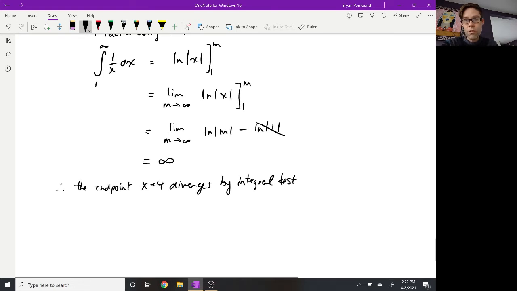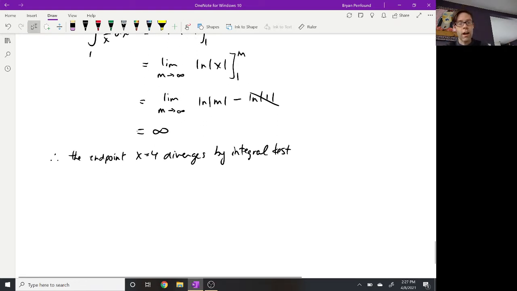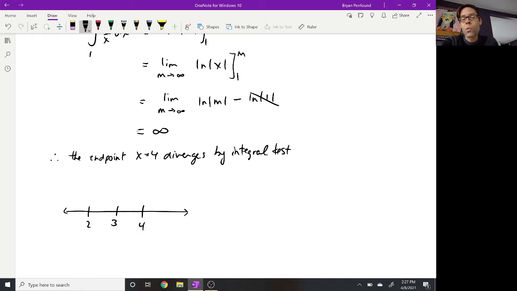and so now we can really summarize our findings for this particular power series. This one, we had to do a little bit more in-depth analysis because we ended up getting an interval of numbers where it was possible to have absolute convergence. That was a little different in our first example.